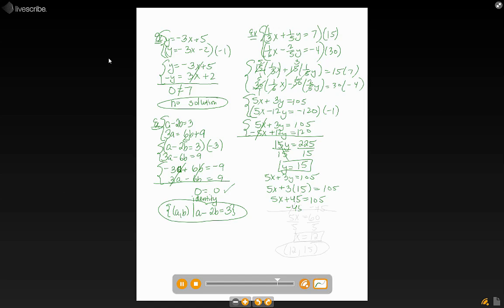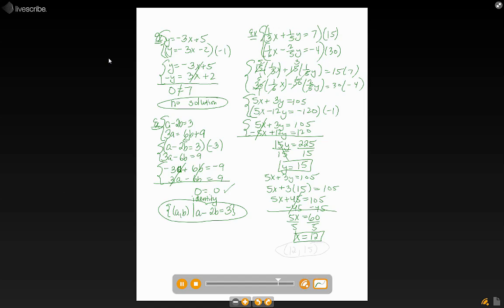Subtract 45 from both sides. The 45s go poof. You get 5x equals what? 60. Okay. And then divide both sides by 5. X equals 12. Okay. I'm not done till I'm done.